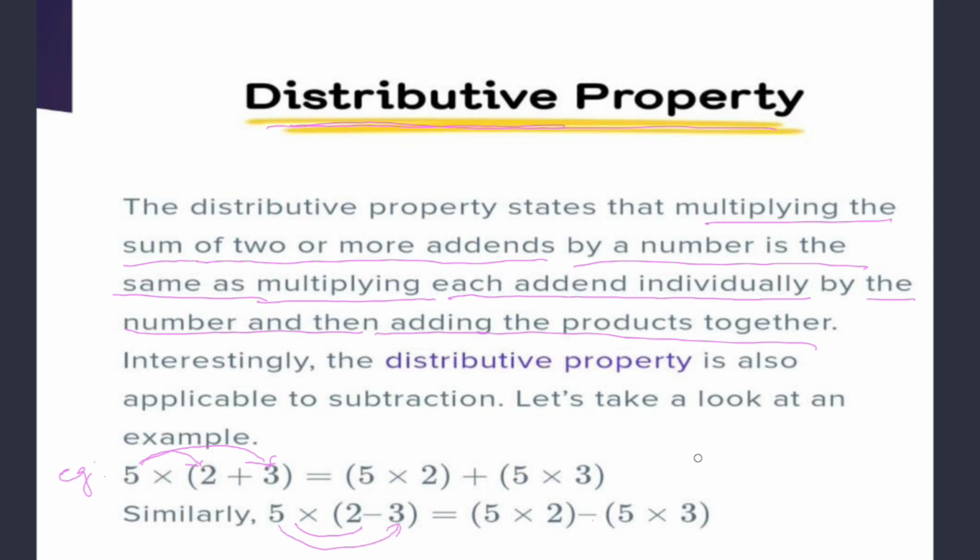So we can say A into (B plus C) is equal to AB plus AC. Like that, A into (B minus C) is equal to AB minus AC. Here in the distributive property, two types are there: multiplication over addition and multiplication over subtraction. So this is the distributive property.